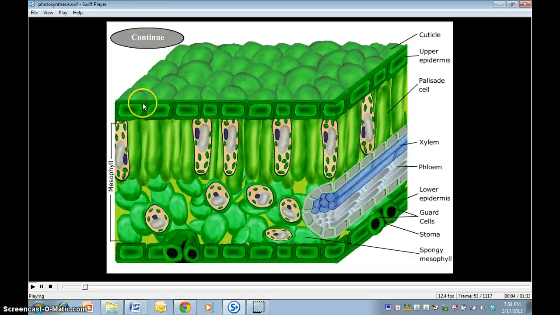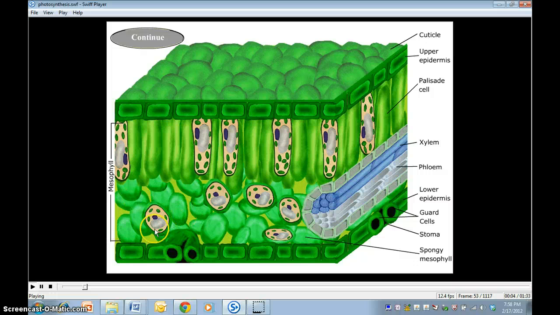So there's the cuticle, which is a waxy layer on top, and then there's the epidermis, which is like the skin, and then there are layers called the mesophyll that do mostly the photosynthesis. Notice how those cells are jam-packed with lots of chloroplasts to do photosynthesis.